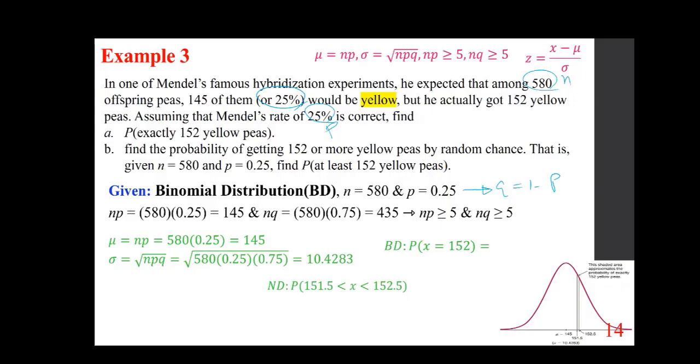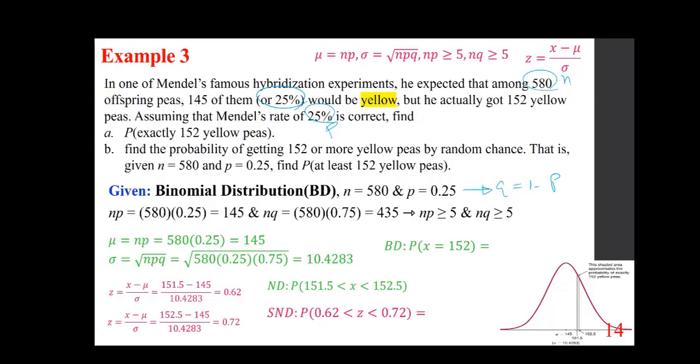And we calculate the z-score accordingly. For 151.5, we get about 0.62. For 152.5, we get about 0.72. And therefore, the z-score is between 0.62 and 0.72.